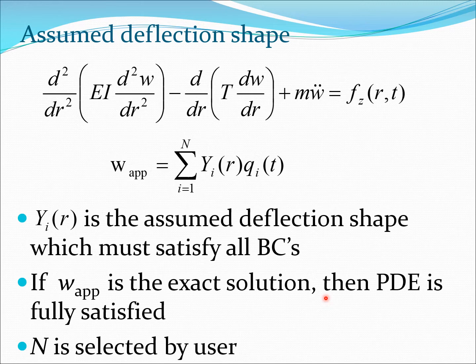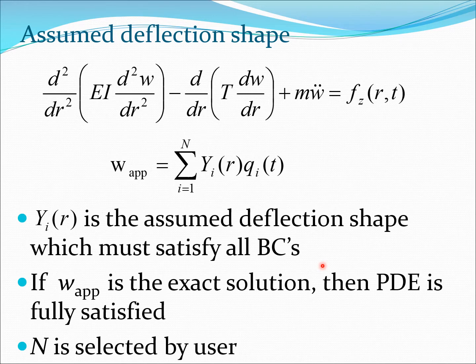Now one of the requirements in Galerkin method is that this assumed deflection shape Y_i(r) must satisfy all the boundary conditions, and this is a particular requirement in the Galerkin method, and it is sometimes difficult to meet because while it's easy to satisfy the geometric boundary conditions, which are the boundary conditions typically governed by geometry such as at the root of a cantilever beam, deflection and slope should be 0, it is more difficult to satisfy the force boundary conditions.